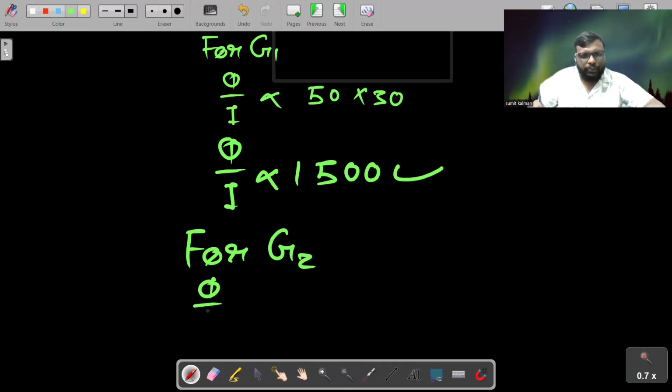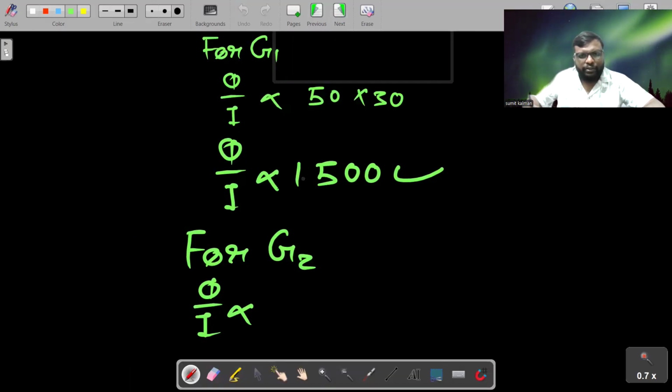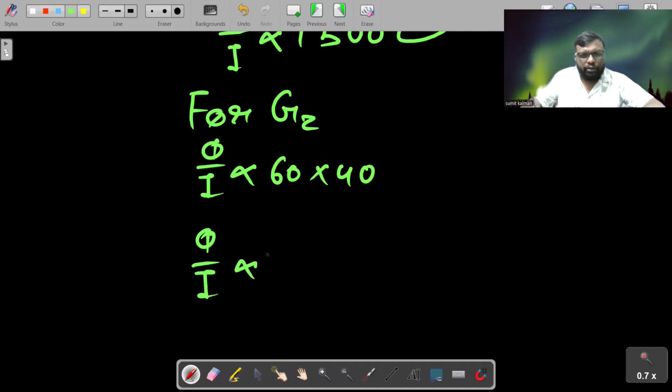Phi upon I for G2. If you will see, for G2 the number of turns is 60 and the area of the coil is 40. So here it will become 60 into 40. So students, phi upon I for G2 will come out to be 2400.